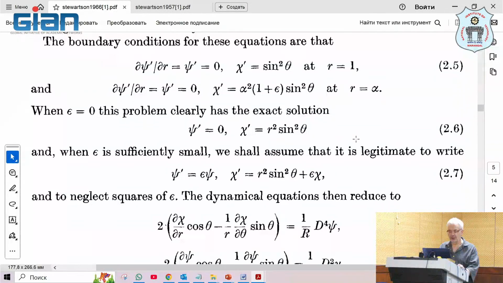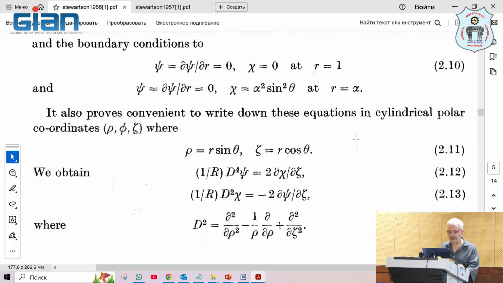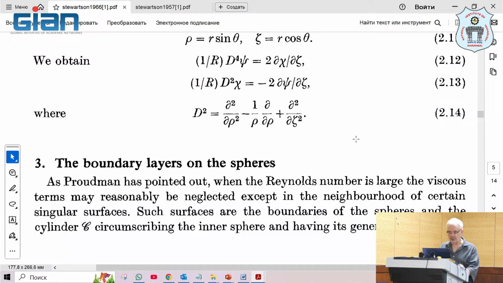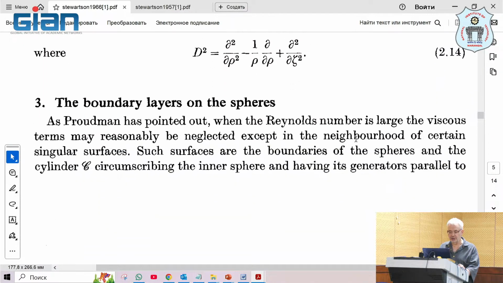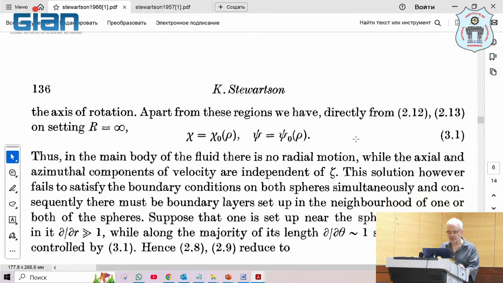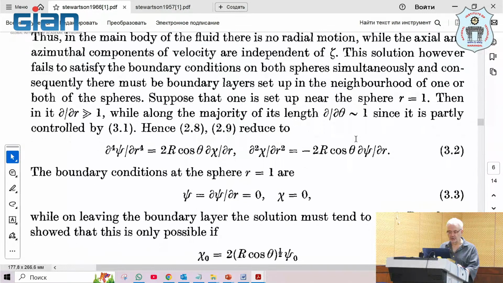For example, he accounts for boundary conditions like that, not exactly like we did. Then he solved this system, reduced it to the simplest layer, then considered the Ekman boundary layer, as we did. Up to notation, it's quite similar to what we did.